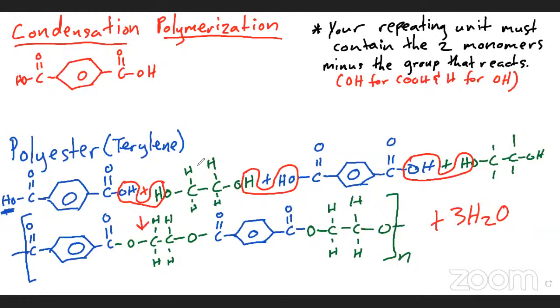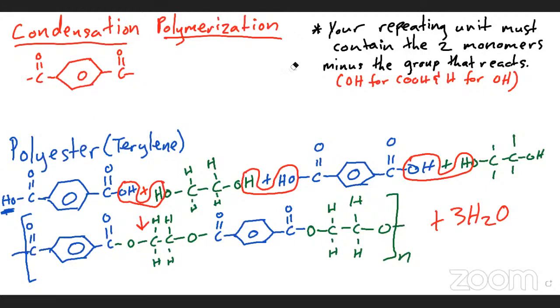All right, so that means I am going to take off. So this is the monomer. When I'm doing my repeating unit, I am going to take off the OH. So that is my repeating unit for the acid.